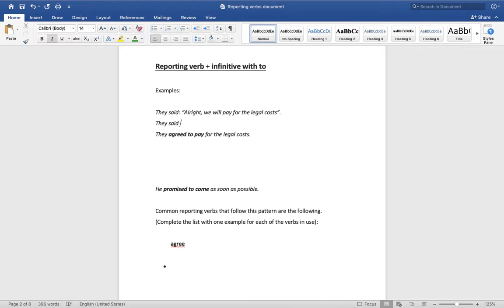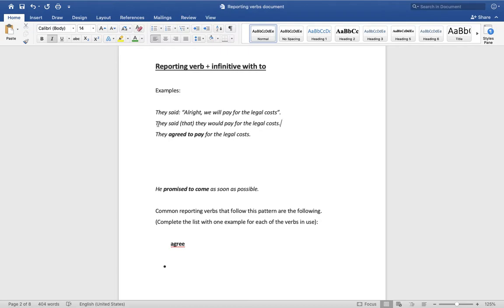They said that, and this is optional, that they would pay for the legal costs, because we have here will in future simple that changes, that turns into would. Everything else remains the same, right? So, ellos dijeron que ellos pagarían los costes legales, right?